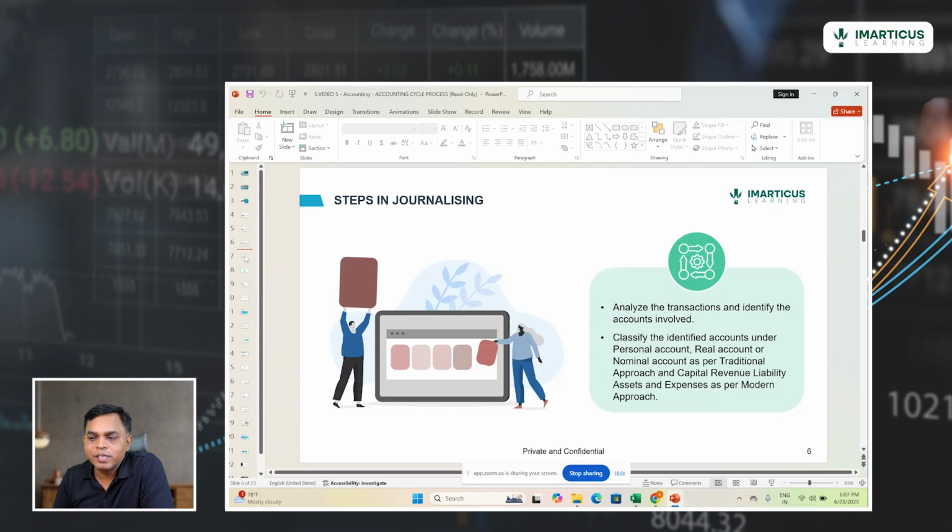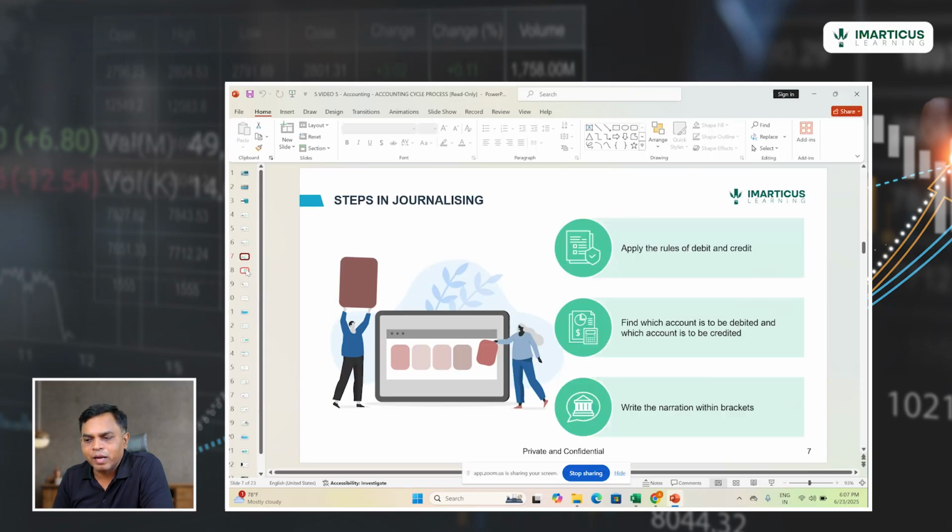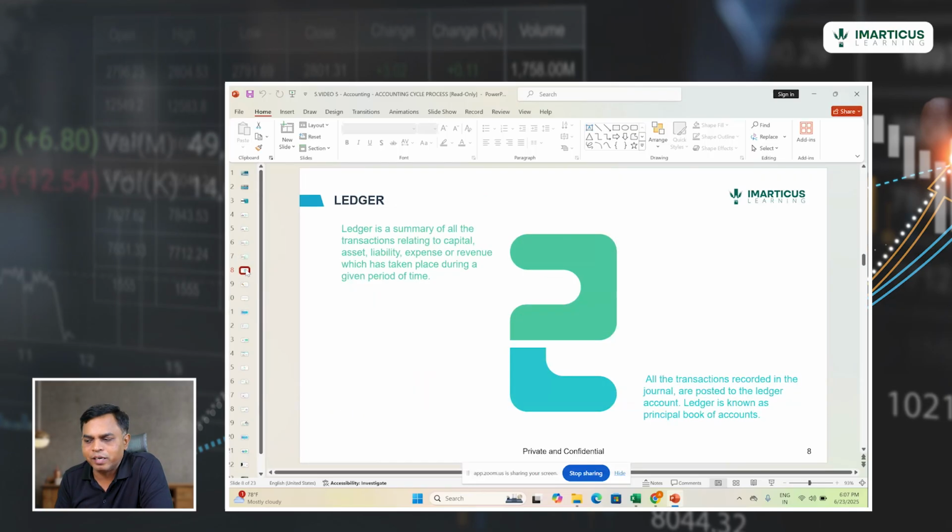Once you pass it, you need to create a ledger and post these balances to the ledger. Once the journal entries are posted, the ledgers have to be balanced out.